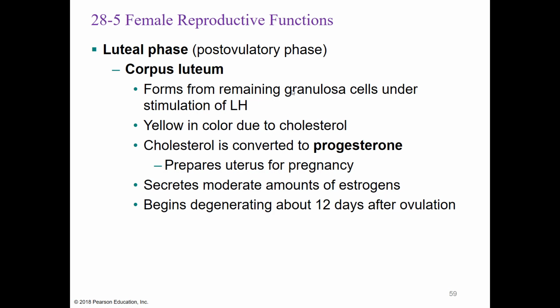It's yellow because of the cholesterol it contains. And the cholesterol will be converted to progesterone, which will prepare the uterus for pregnancy. It will also secrete moderate amounts of estrogen and begins degenerating about 12 days after ovulation.